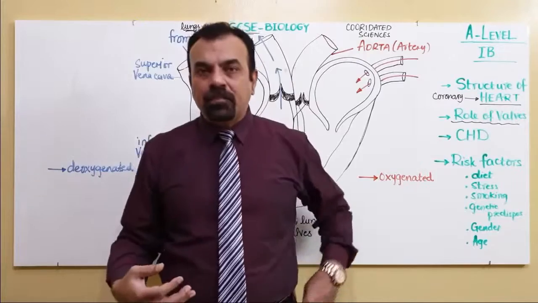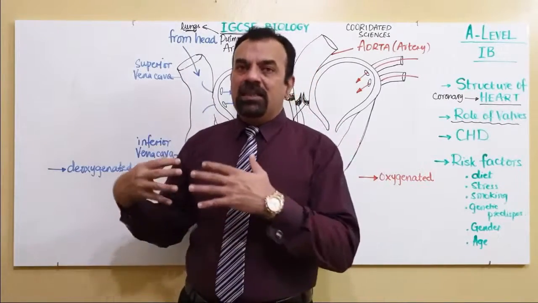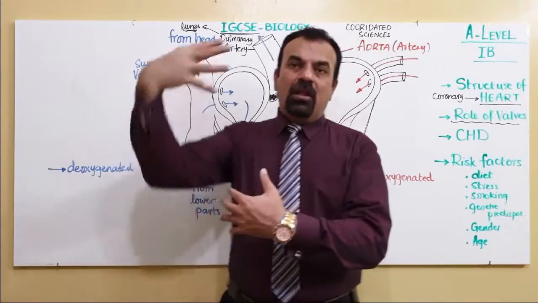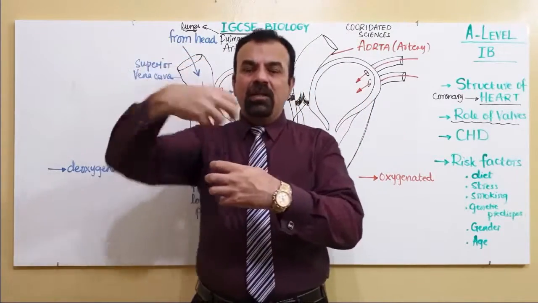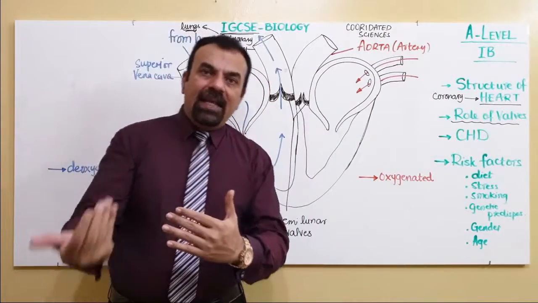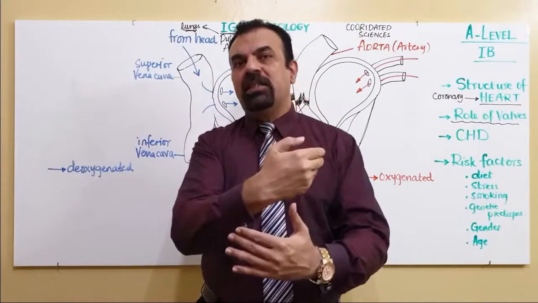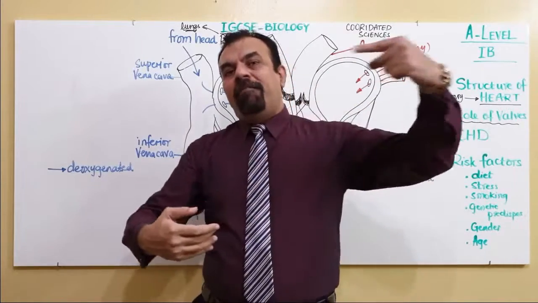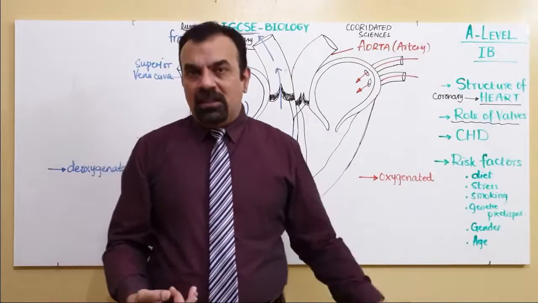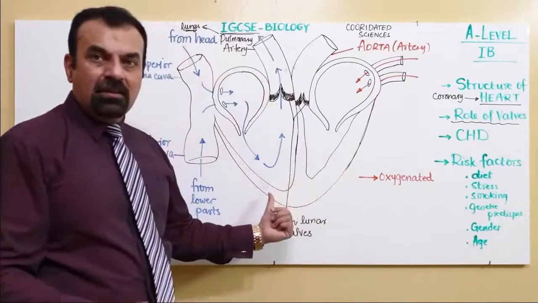So the blood turns into oxygenated blood, and then our vein is going to bring that oxygenated blood back to the heart.